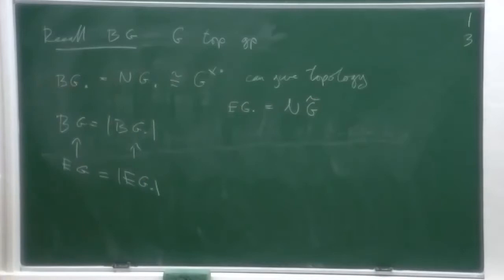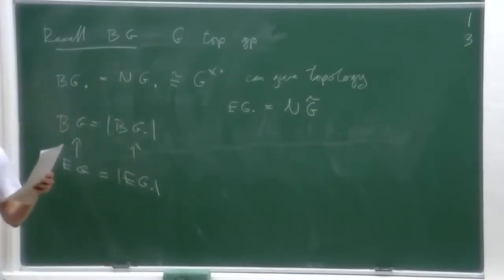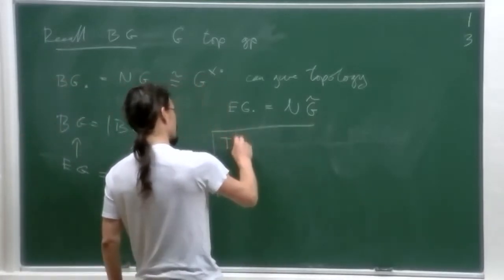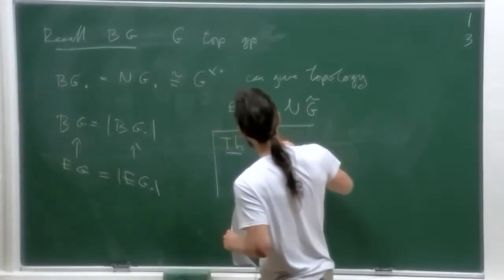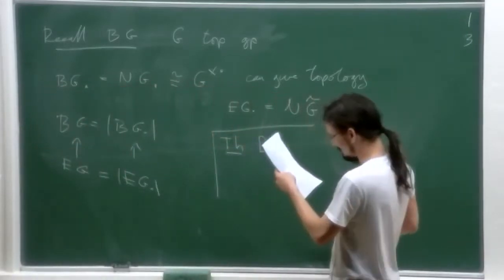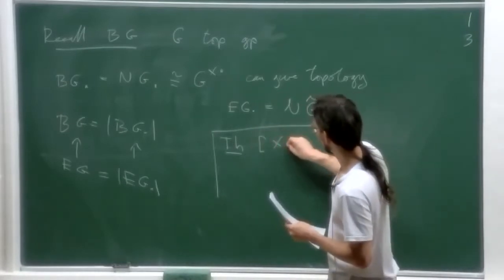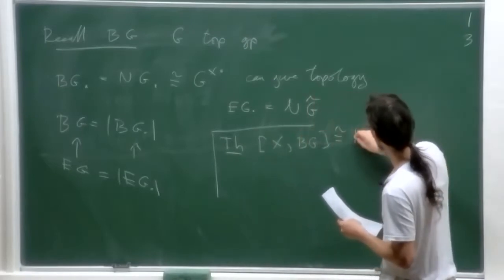I just wanted to recall this because we're going to generalize it in a somewhat straightforward way. And then there's the classical theorem that this thing classifies principal G-bundles. So if you take a CW complex X, then the set of isomorphism classes of principal G-bundles over X is isomorphic to the homotopy classes of maps from X to BG.